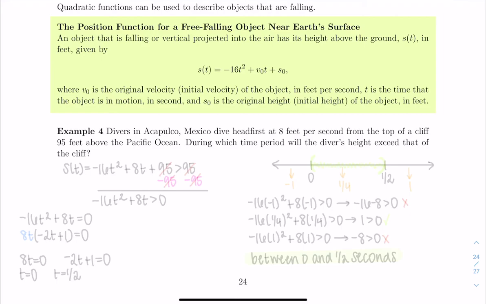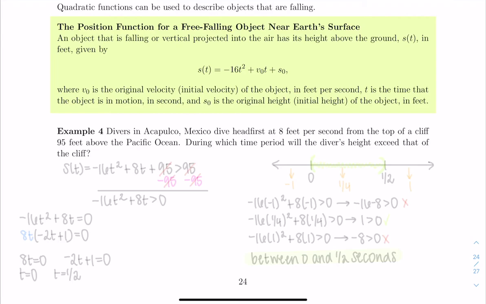So divers in Acapulco, Mexico dive headfirst at 8 feet per second from the top of a cliff 95 feet above the Pacific Ocean. During which time period will the diver's height exceed that of the cliff?